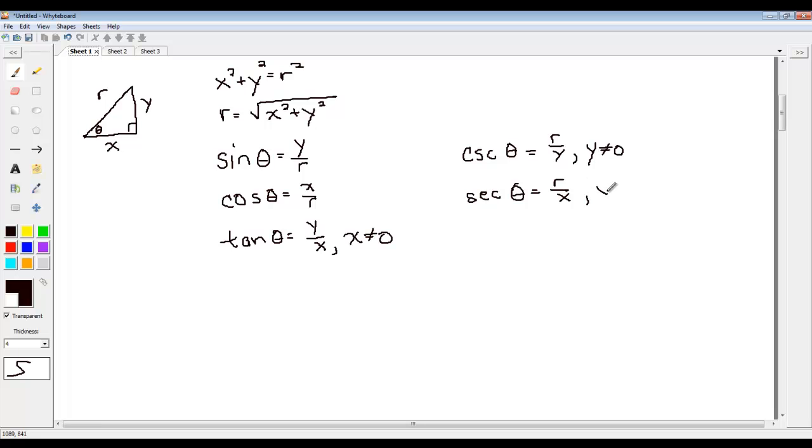Got to make sure x isn't 0 in order to have a real value. And cotangent of theta is going to be flipped, x over y. As long as y is not 0, we get something real there. So you can define it using x and y and r as well. It's the same ratios, just instead of labeling them opposite and adjacent hypotenuse, we're labeling them with y, x, and r.